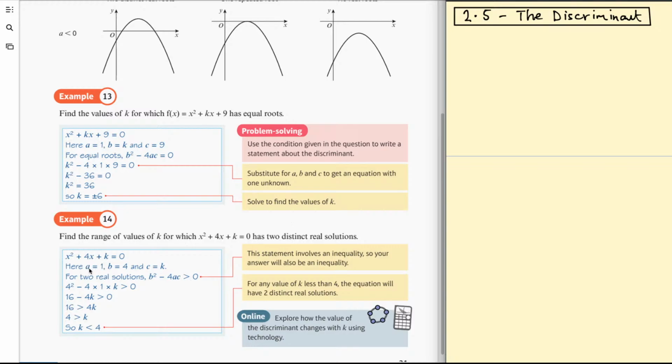So again, you recognize what the values of a, b, and c are. And for two solutions, the discriminant is greater than 0. You plug those things in, and then you can solve for k. Notice with two solutions, we only have an inequality, so we're only going to get a range of values for k. So k is less than 4. All right.